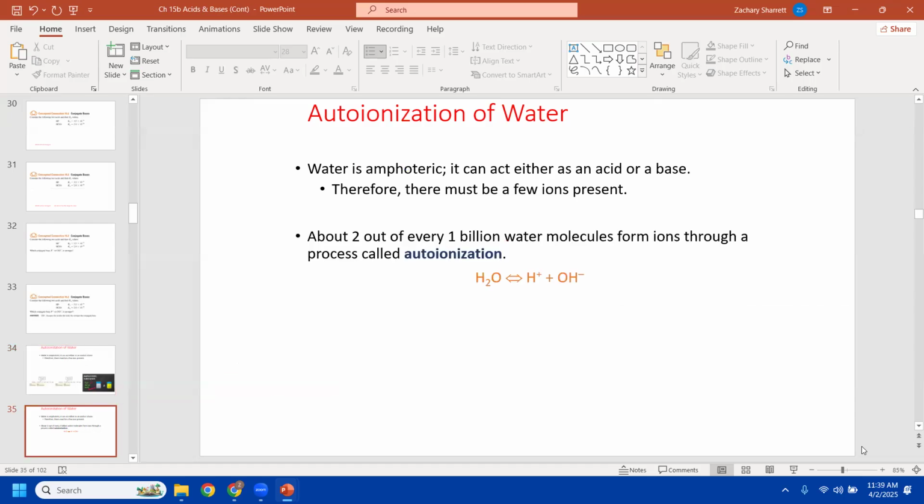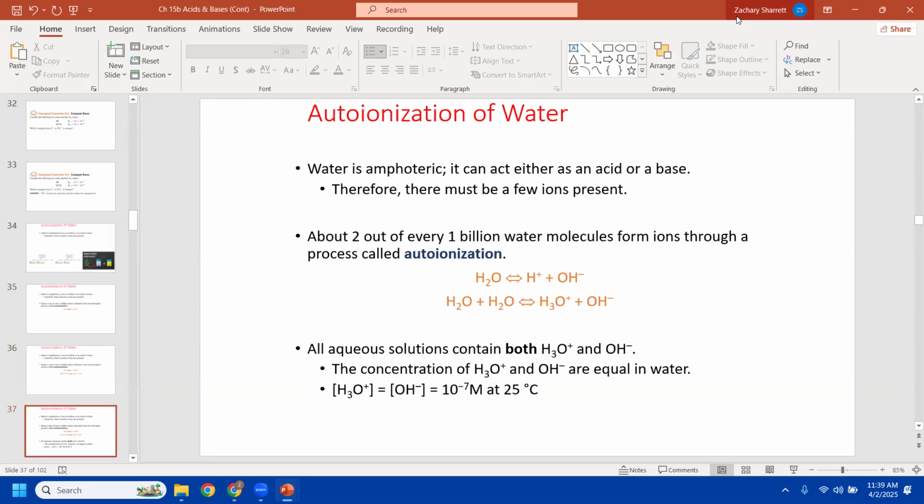About 2 out of every billion water molecules form ions through a process called autoionization. So at any given time, if I have a cup full of pure water, out of 1 billion water molecules, about 2 of them, one of them is an H3O plus, one of them is an OH minus.